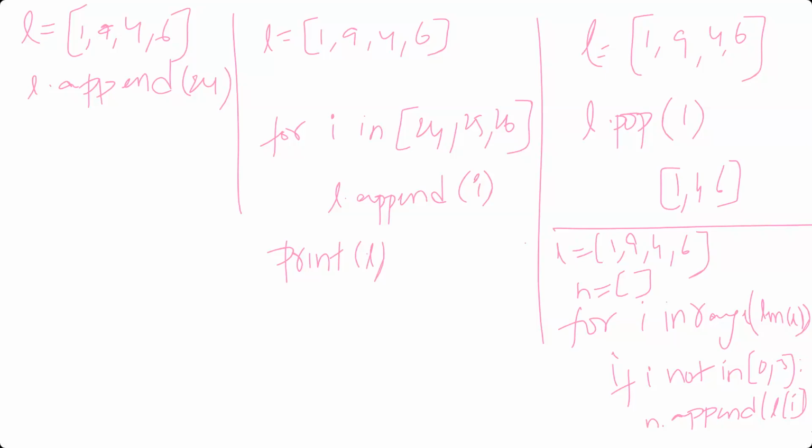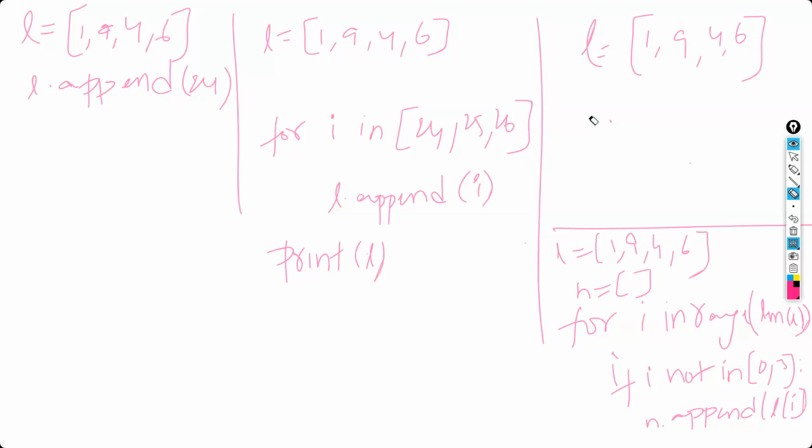Now, same way, without using pop, tell me using the append method to remove the 4. To remove the 4 without using pop or remove or anything, I want the append method. By using append, I want to remove the 4 and keep the remaining 3 values, but I should not go with pop or anything. I want to go with append.